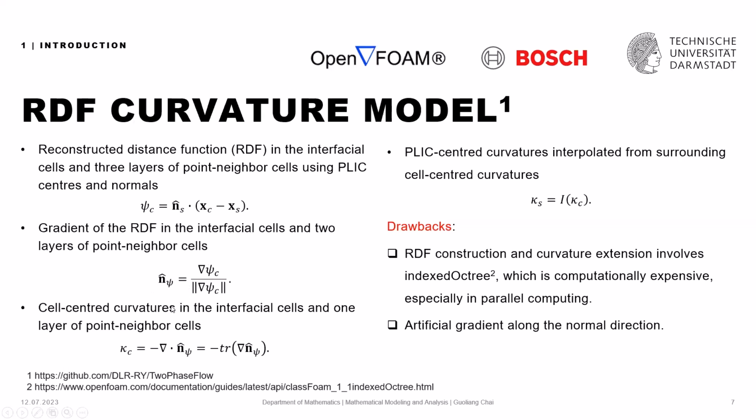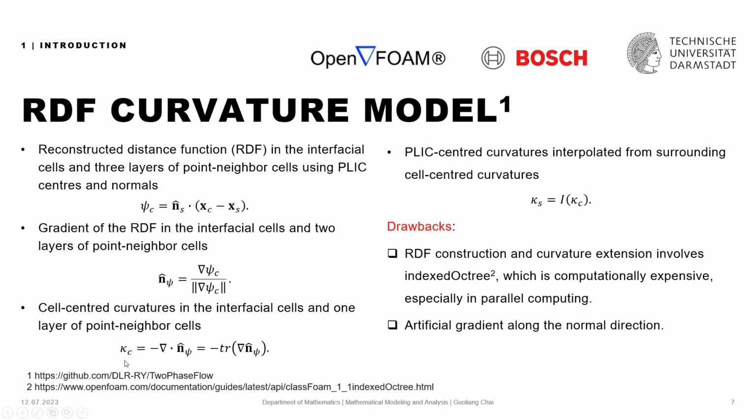With these normal vectors, they can then compute the curvature from the divergence of the unit normal vectors. Or rather, they choose another way, using the trace of the gradient of the unit normal vectors. These two are mathematically equivalent, but with a gradient scheme, they can use a numerically high-order gradient scheme to improve the accuracy of the curvature computation.